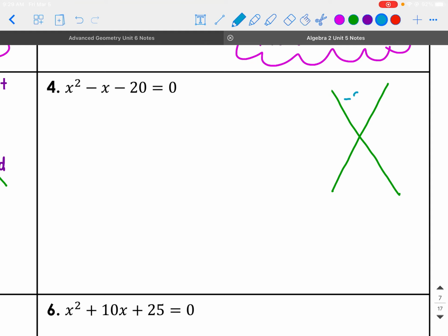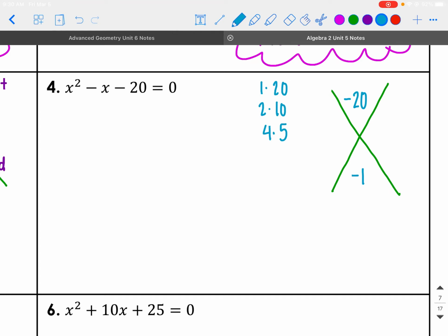We're looking for 2 numbers that multiply to be negative 20, but when I add them, I get negative 1. So numbers that multiply to be 20, 1 and 20, 2 and 10, 4 and 5. Now because it's a negative 20, one of those numbers has to be negative.